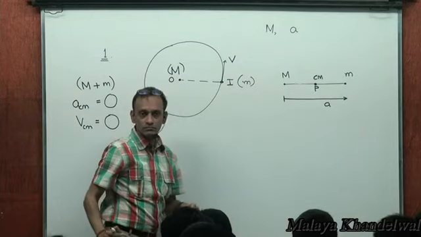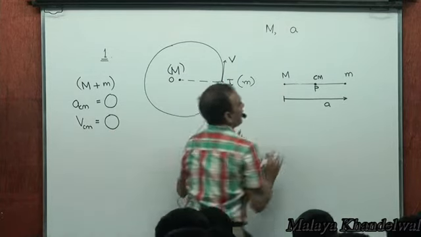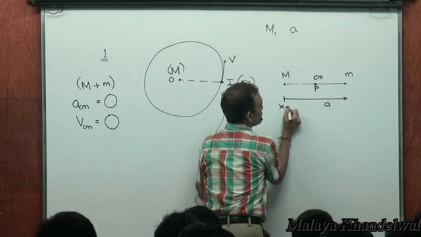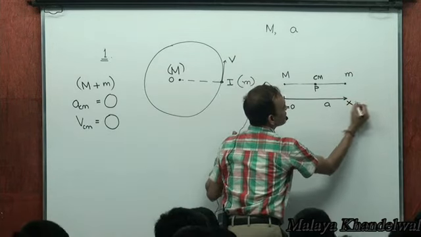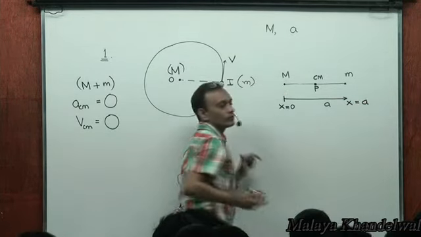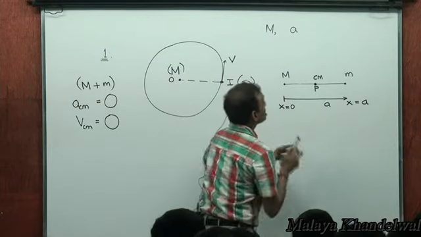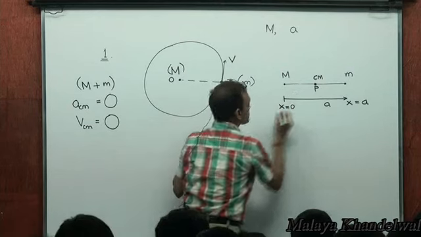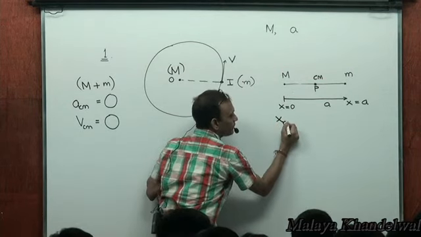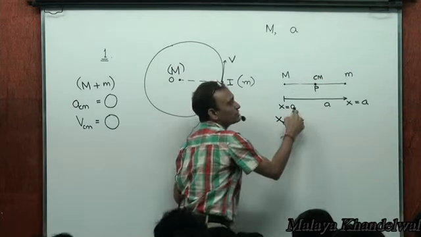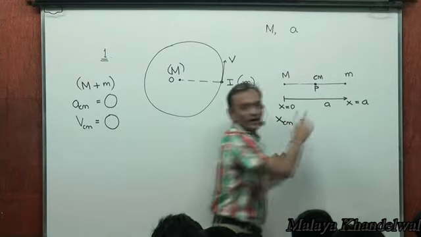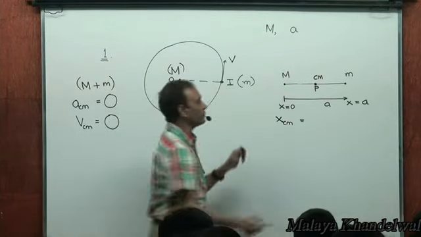The radius of the ring, right? And if this was x equal to 0, then this would be x equal to A, right? Then the x coordinate of the center of mass is going to be given by capital M into 0 plus small m into A divided by capital M plus small m.